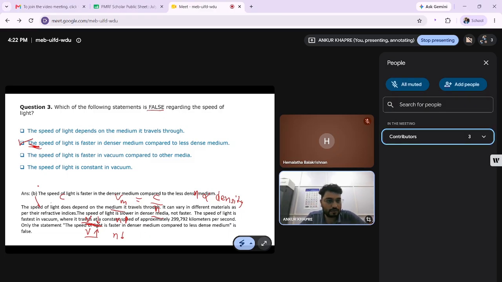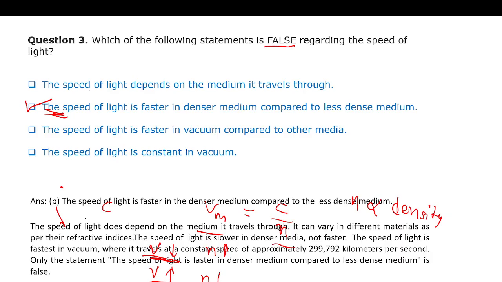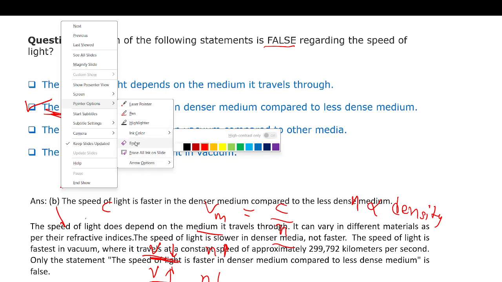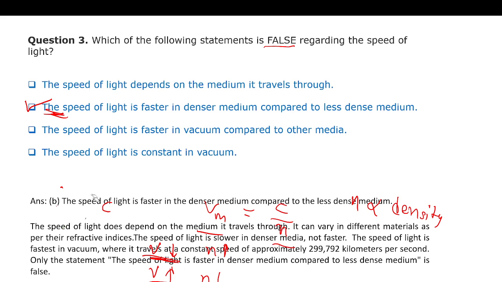As I mentioned, the speed of light depends on the medium. The statement that the speed of light is faster in the denser medium compared to the less dense medium is the false one.